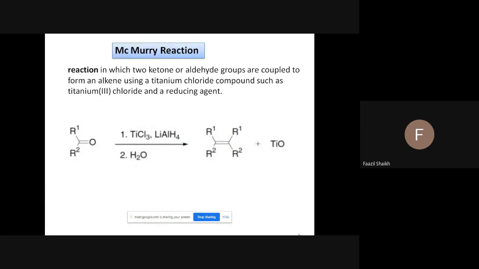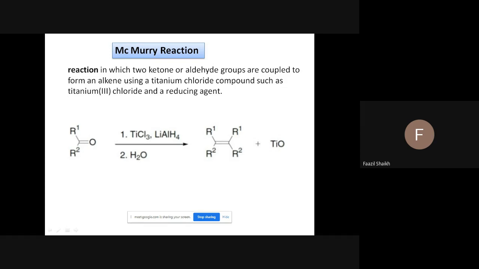So it's a very simple idea. You take two carbonyls. At the initial stage, McMurry used ketone and aldehyde, but further developments and innovations have been made by many scientists. So carbonyls of other compounds besides ketone and aldehyde are also used.